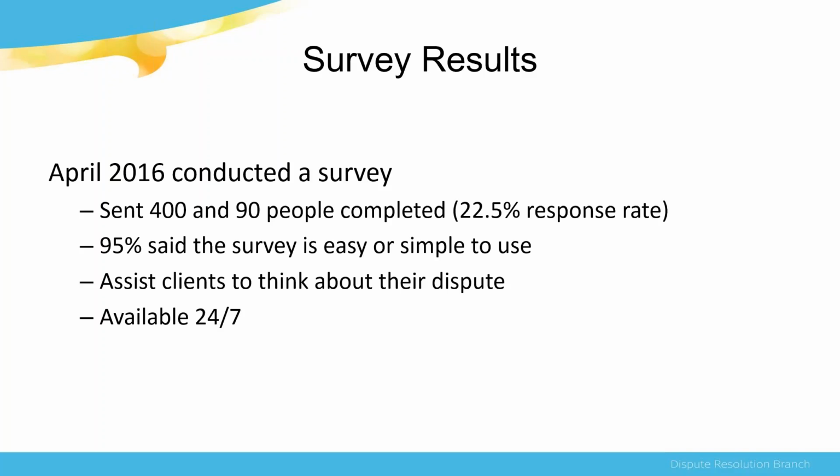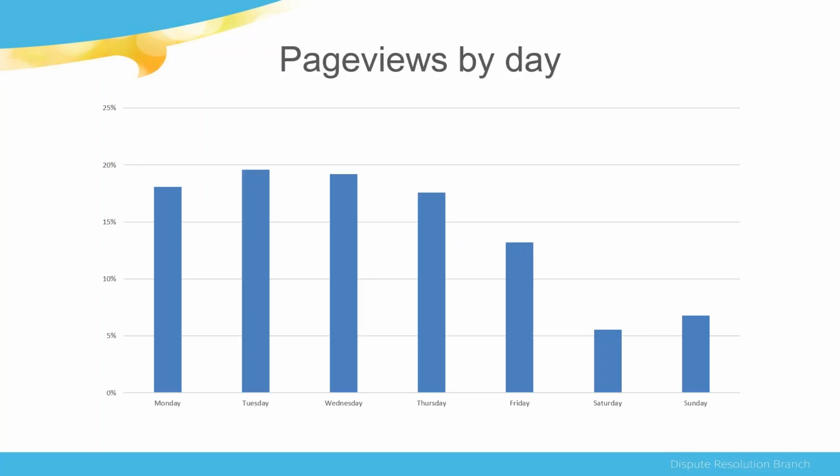The next couple of slides are just some information about when it's actually used. So just for interest sake, if anyone likes a bit of data, I do, it's okay. So still, interestingly, the majority of people are using it Monday to Friday. But as you can see there, Sunday, when people are getting their life admin done, they're jumping online and applying for mediation.